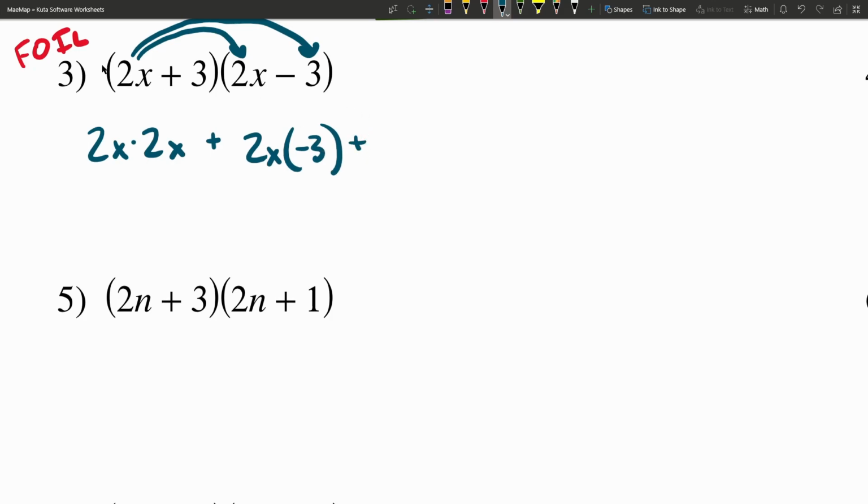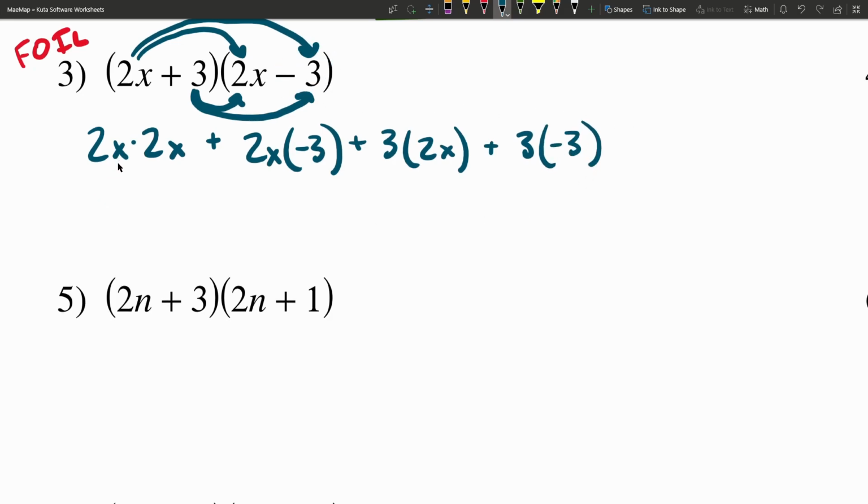Then we'll add our inside terms, I for inside, so that's 3 times 2x. And then we'll add our last terms, 3 times the negative 3, since that second 3 is subtracted.